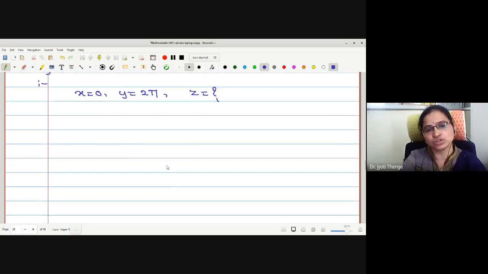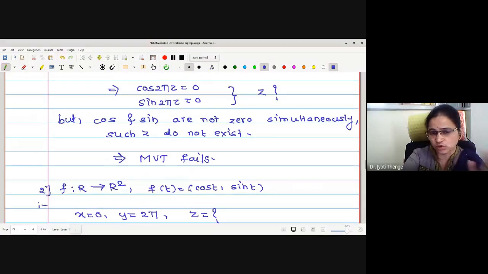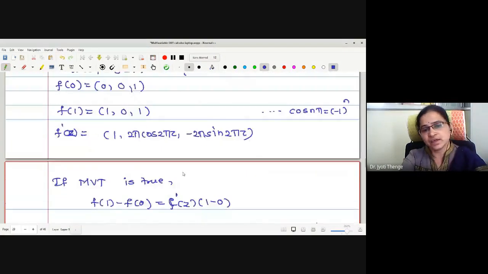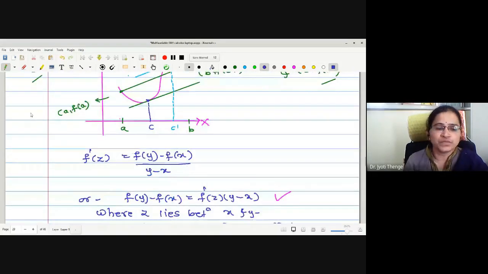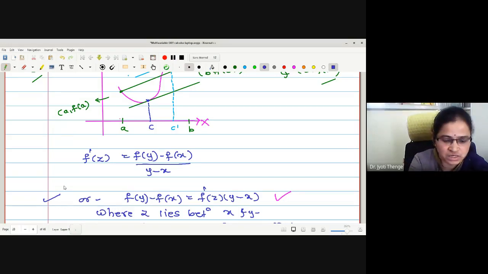And here also you have to check whether such a z is going to exist or not. And here also it is not possible to find such a z. Therefore, mean value theorem fails. Therefore, in general, the mean value theorem we have written for functions of this type is not true for multivariable vector valued functions. Therefore, there is a need to have a modification in the statement.